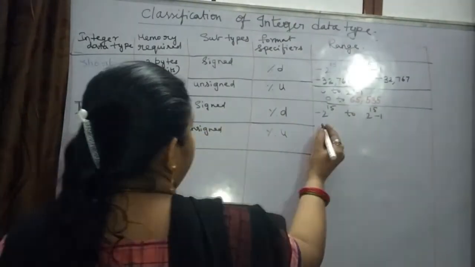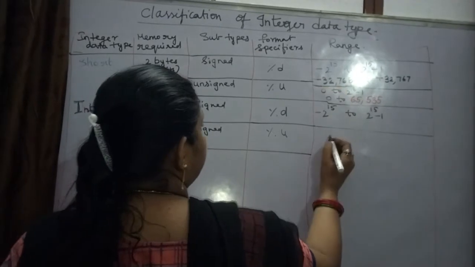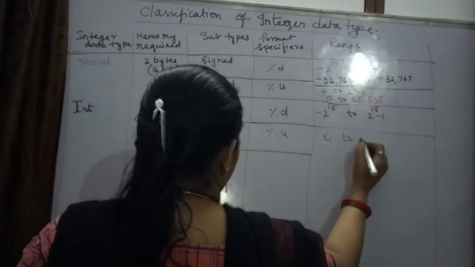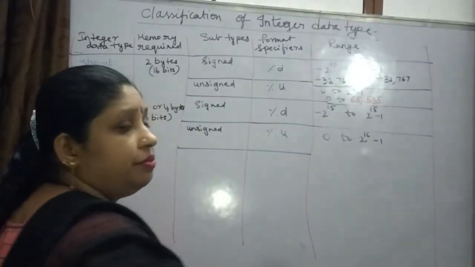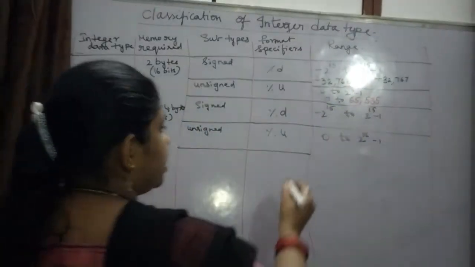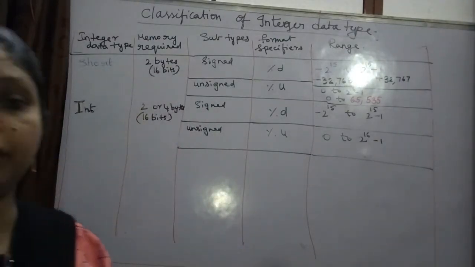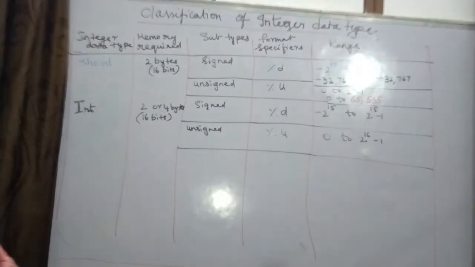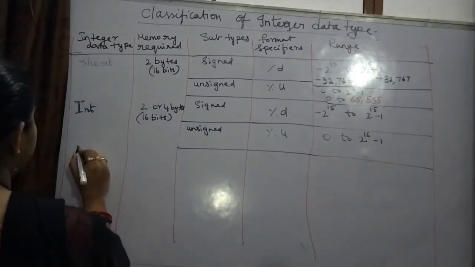And for unsigned, the same thing continues: 0 to 2 to the power of 16 minus 1, which comes around 65,535. So this is about the int data type. Now next we are going to discuss the long data type.